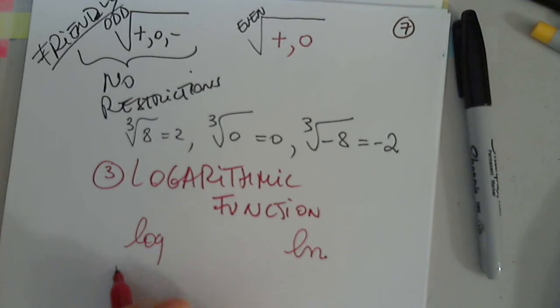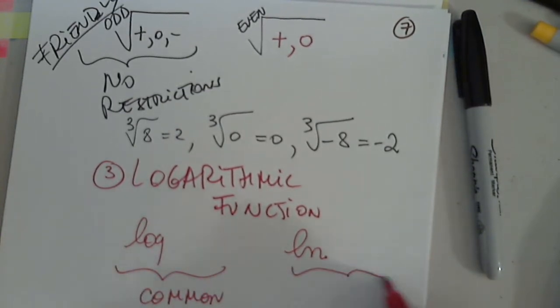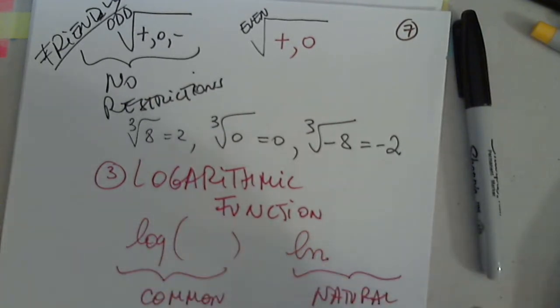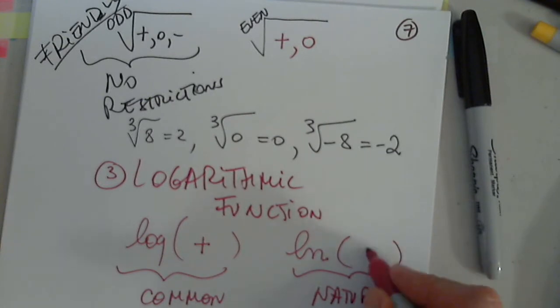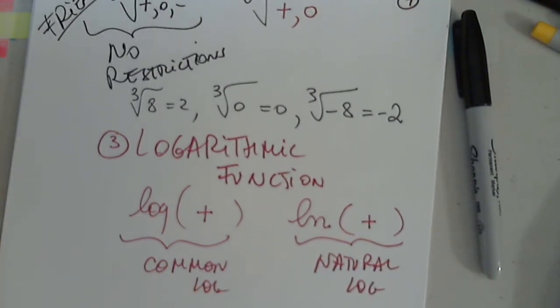This is common log, and this is natural log. All of these functions or any other base have to be defined only on positive numbers. So you will not be able to determine natural log of 0 or natural log of -3. Thank you for the question.